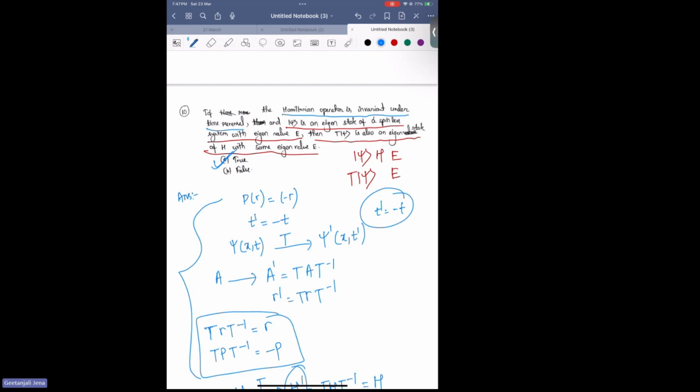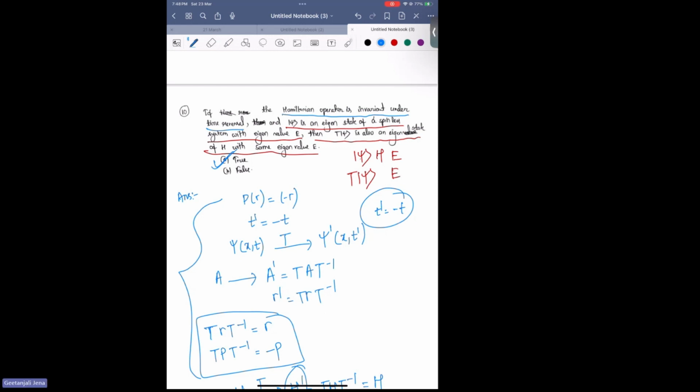Now, if you play the video backward, this is what we mean by time reversal. So we go back in time to check the state of the system. Now, if the operator is time invariant, then if you go back in time, you will get the same value. So time reversal is nothing but going back in time.